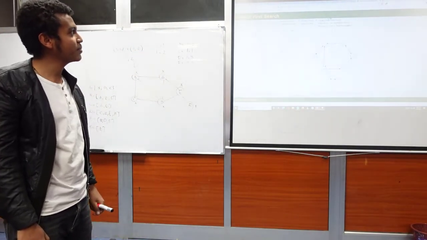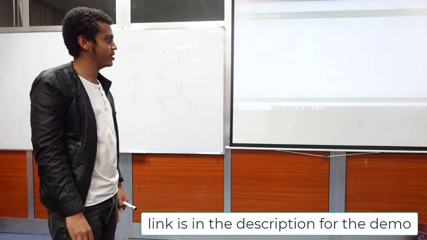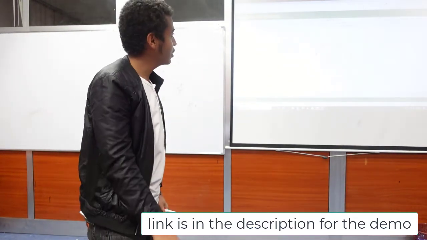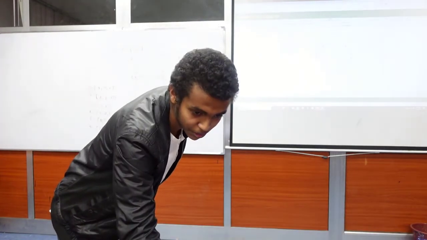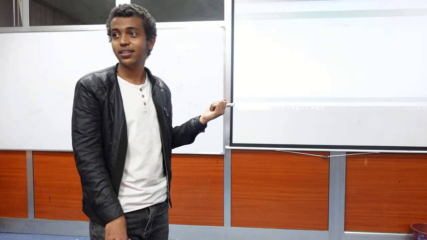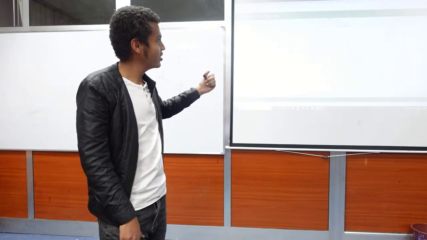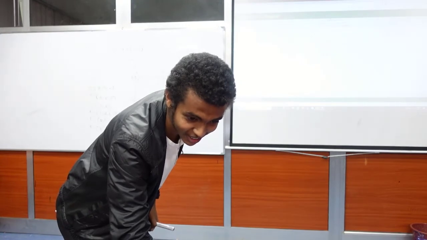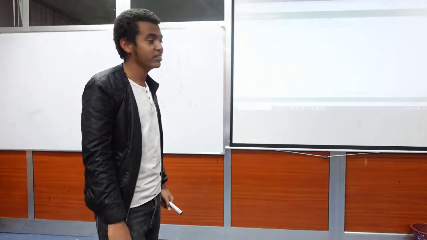In order to revise how we represented the graph, we have a nice way of visualizing this. If we have a graph this way, it can be represented like this in adjacency. What's this representation? Adjacency list, right? And this is how you represent it as an adjacency matrix.